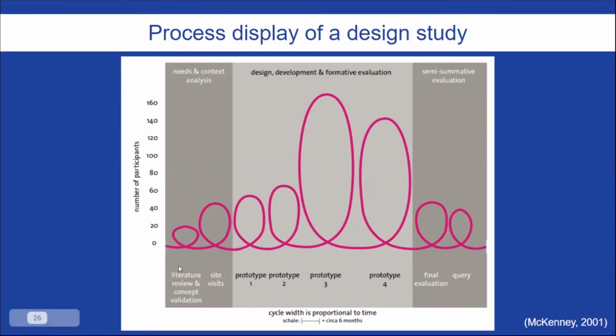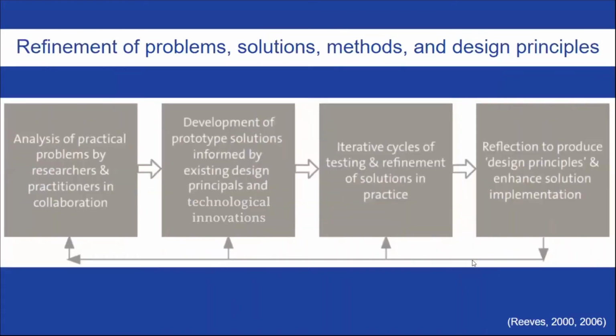In the first phase, in this first cycle, we have literature review and concept validation. Then site visits were carried out. Then we have the development of the prototype and the final evaluation and the query. This last cycle here can be interpreted as the reflection box from Reeves' model, okay?